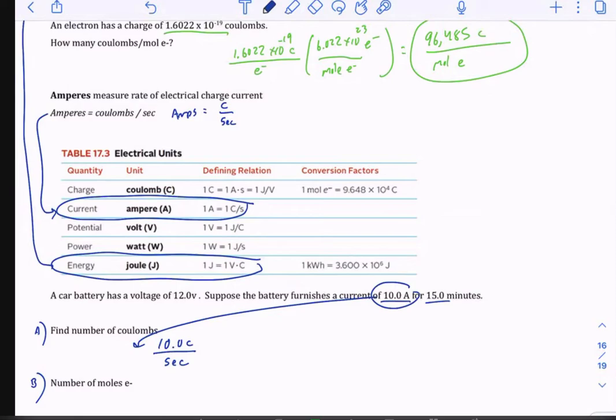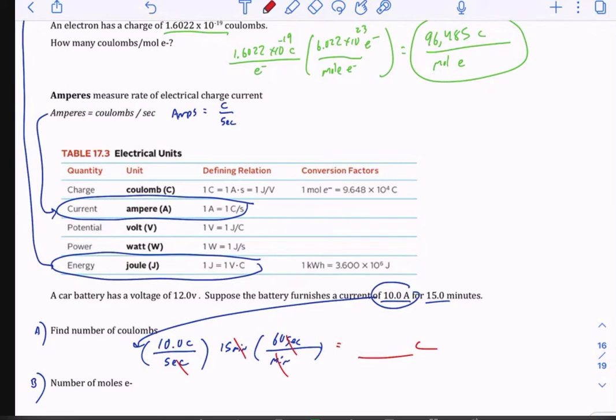It runs for 15 minutes, and there's 60 seconds per minute. That's how we can find the charge dispersed over this time period.